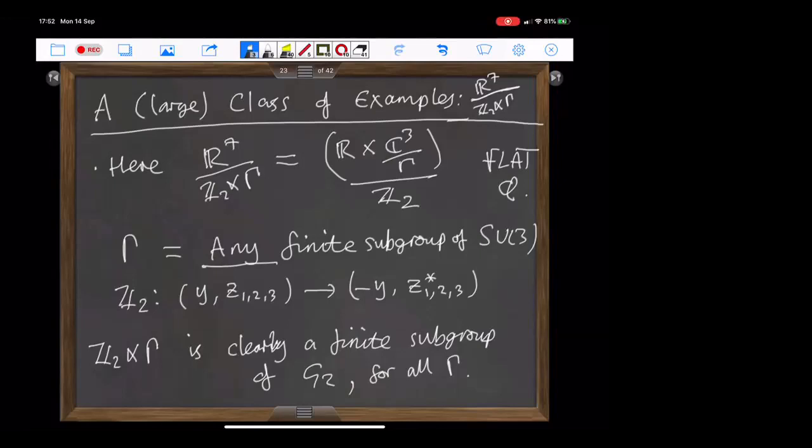And in this case, we can be very explicit about our Z2 action. It's just complex conjugation on C3, and y goes to minus y as usual. And the group that's generated by this is obviously a finite subgroup of G2 for all gamma. But these groups haven't really been systematically studied in the physics literature, as far as I know.